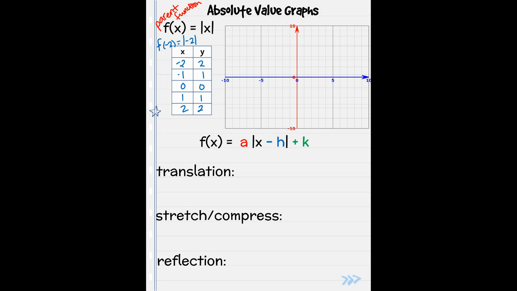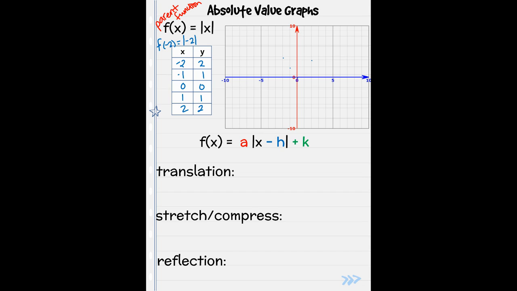So let's plot these points. We got -2, 2. I think I put that on the wrong line. That should be 2 right there. -1, 1, 0, 0, 1, 1, 2, 2.